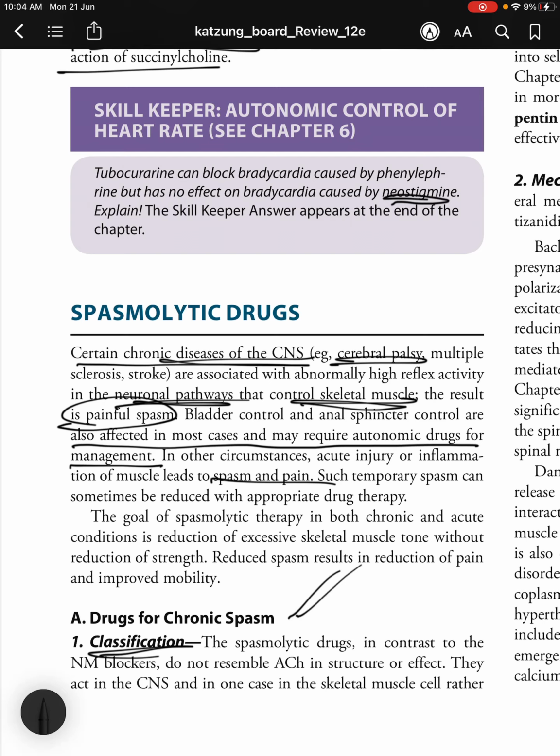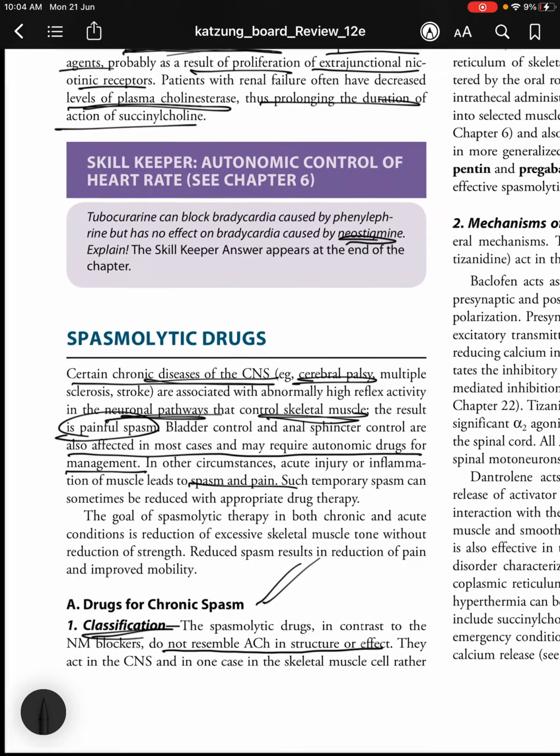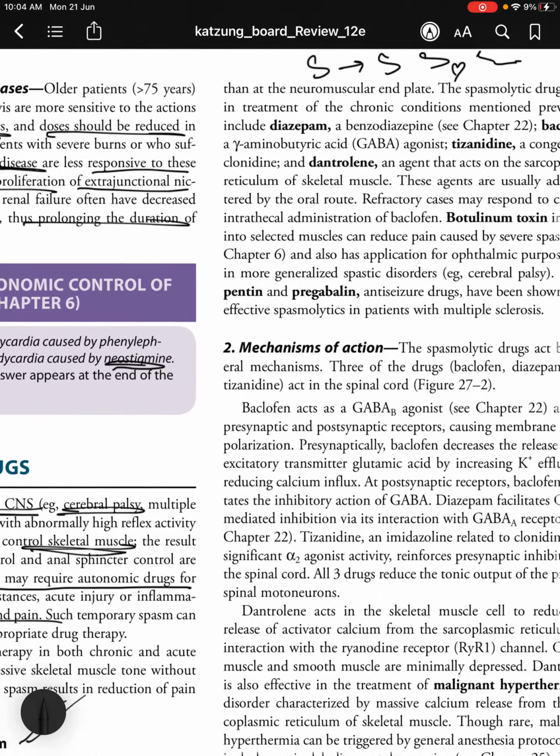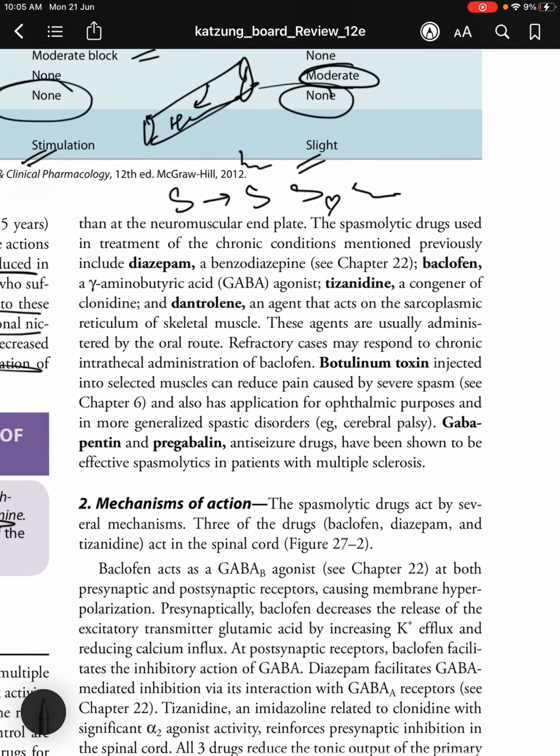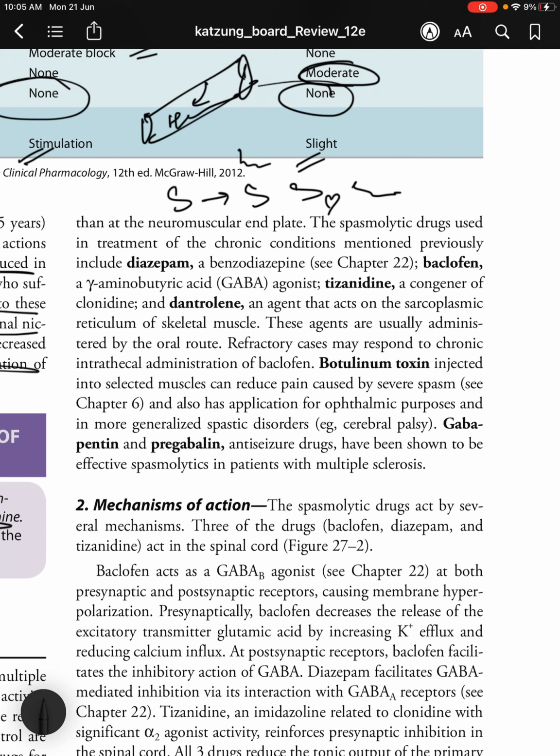So, coming to drugs for chronic spasm classification, the spasmolytic drugs do not resemble ACh in structure or effect. They act in the CNS, and in one case in the skeletal muscle cell, rather than at the neuromuscular end plate.